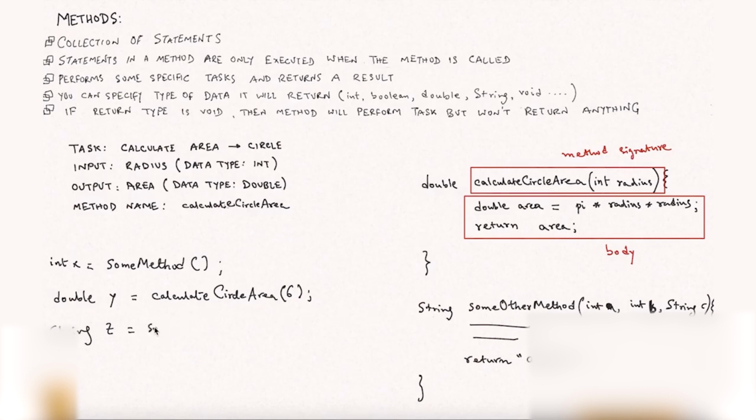So we'll say some other method. And then because the first one is an integer, we need to input an integer here, right? So let's say just, I don't know, 4. And then the second one is also an integer, so we'll say, let's say 3. And the last one is a string, so we'll actually input a string, maybe A, B, C, D, E, F, G, and whatever it is, right? And this is how we'll call some other method.